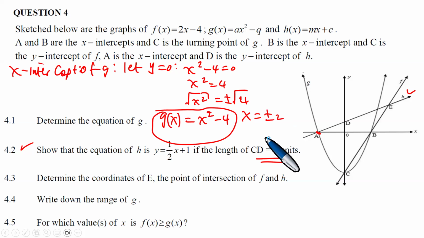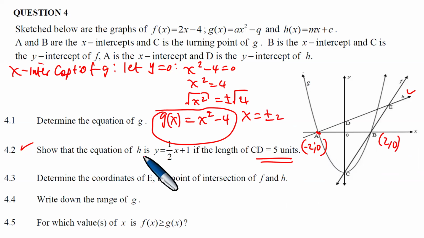So here you have minus 2, and this one is 2, and 0. So the coordinates of A are (-2, 0).